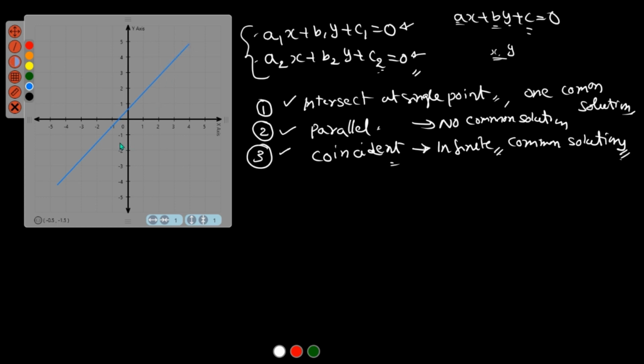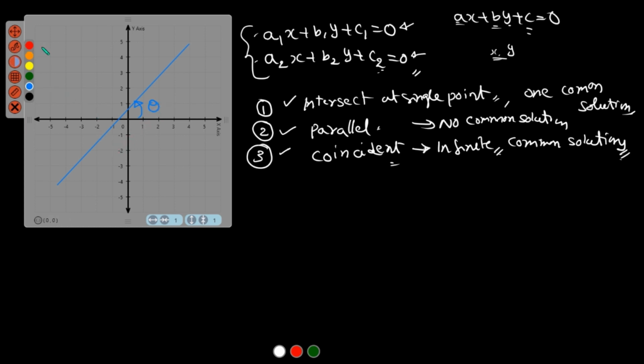If you have two lines, how do you know that they intersect at a single point? That means they cannot have the same angle from the x-axis. I always represent the angle from the x-axis as theta. This line has the angle theta.